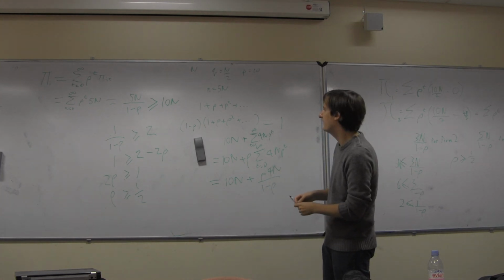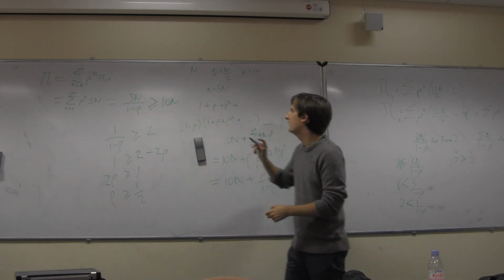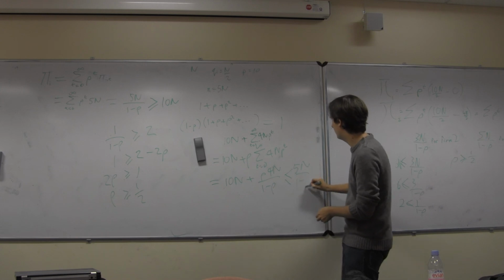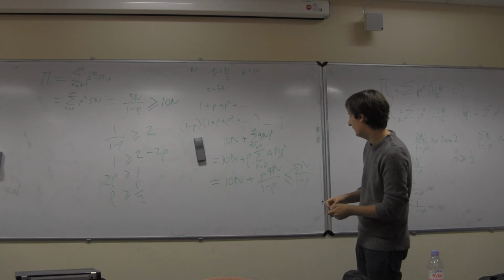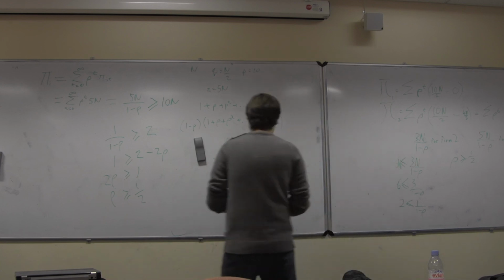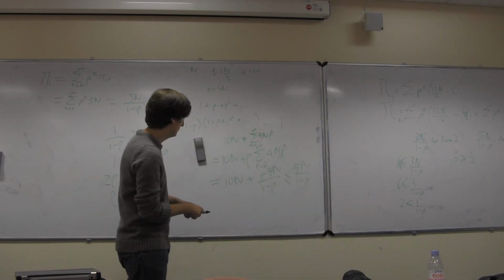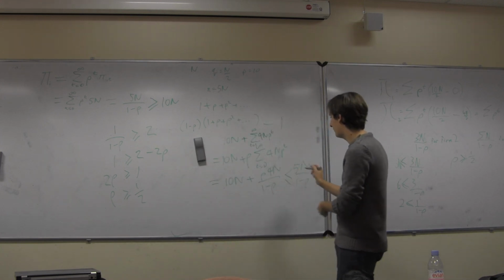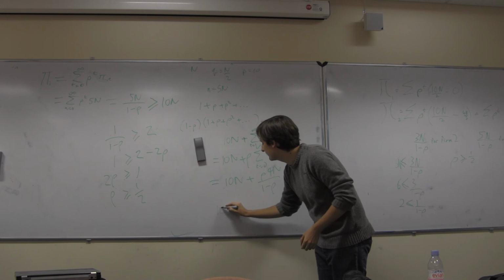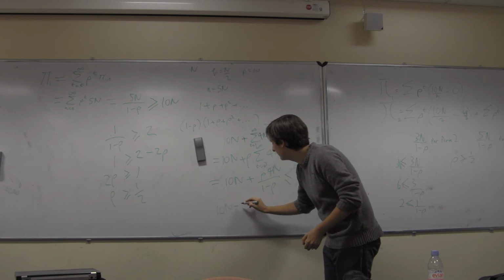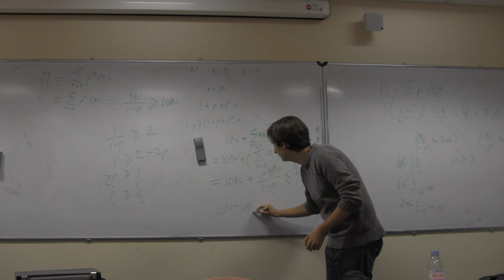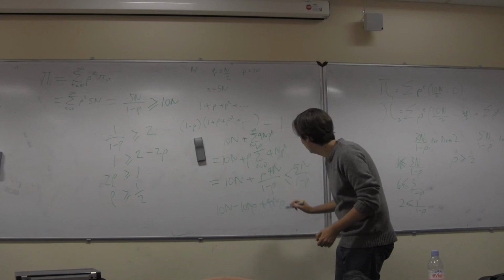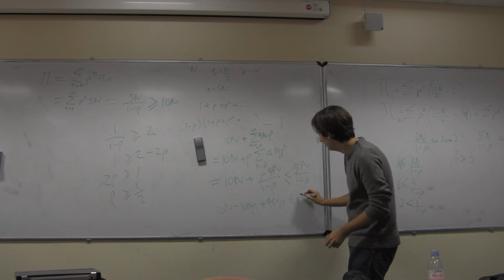For him not to want to deviate, this has to be smaller than his profits from not deviating, which is 5n over 1 minus rho. Let's multiply both sides by 1 minus rho. So this is 10n minus 10n rho plus 4n rho less than or equal to 5n.